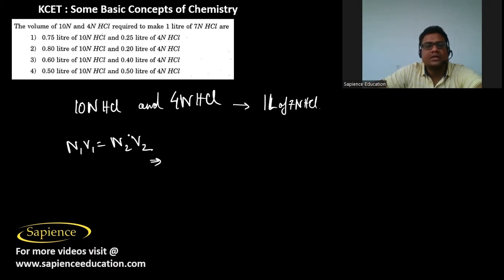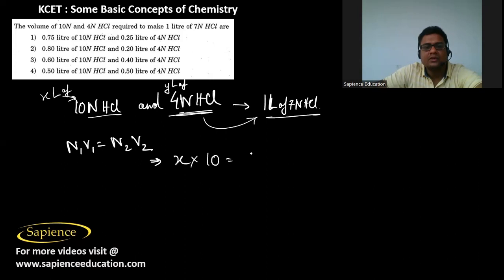Simply it means the number of equivalents should be the same. Let's say x liter of 10 normal is required and y liter of 4 normal is required to form 1 liter of 7 normal HCl. So x into 10 should be equal to 1 into 7, and y into 4 should be equal to 1 into 7. So it means x should be equal to 0.7.